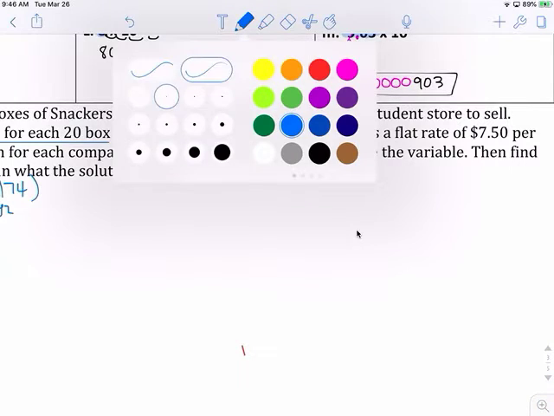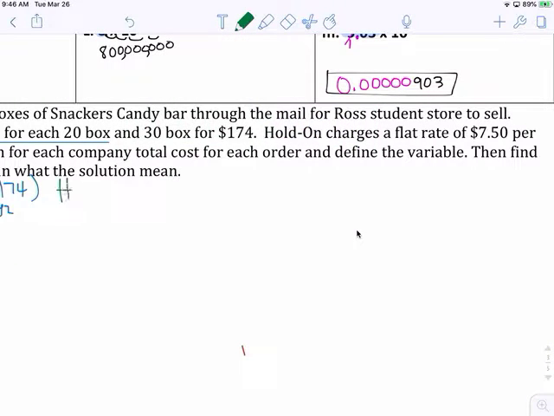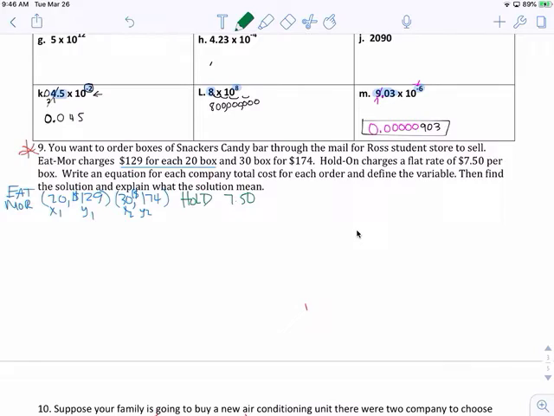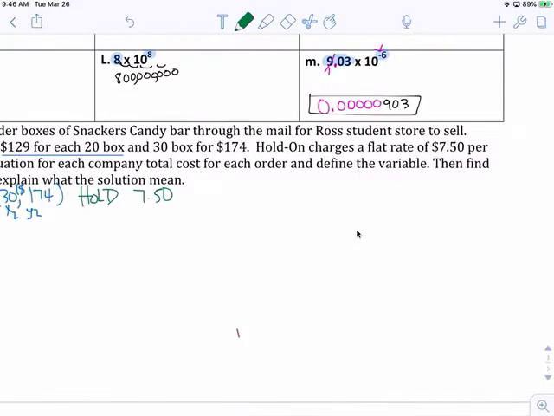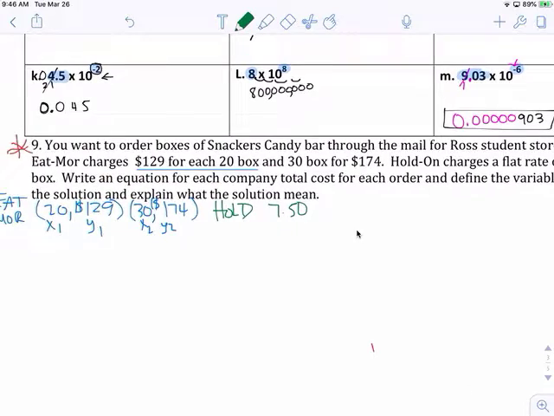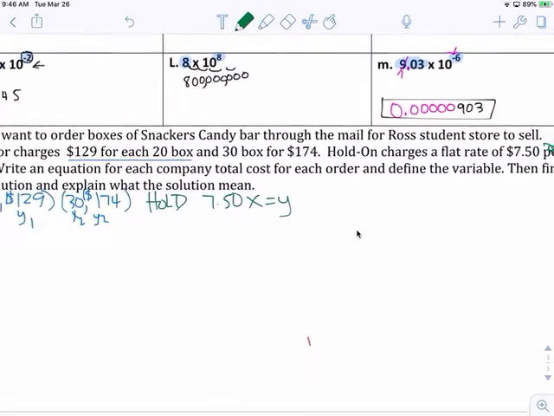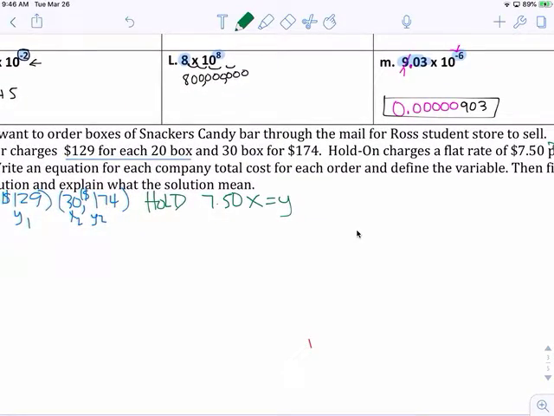Okay. Hold on, charge a flat fee of $7.50 per box. Per means times. Box is X. Is that the equation? Write an equation for each company, total cost for each order, and define a variable.